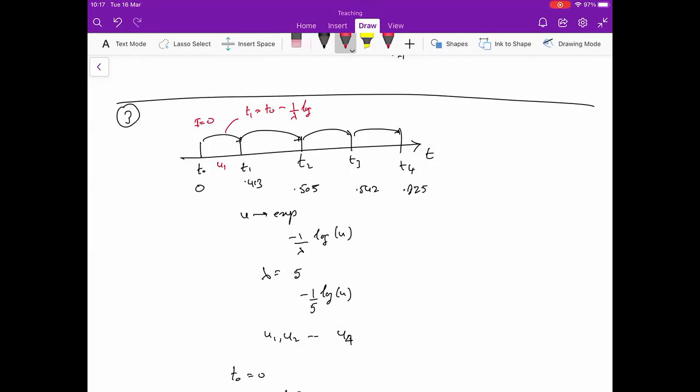It should be natural log actually, because this is exponential. Maybe that's a mistake in the slide. Then if this is greater than the capital T, we stop. If we don't stop, we set t1 to this value and repeat the steps. You compute the next jump, and the next jump, and so on.